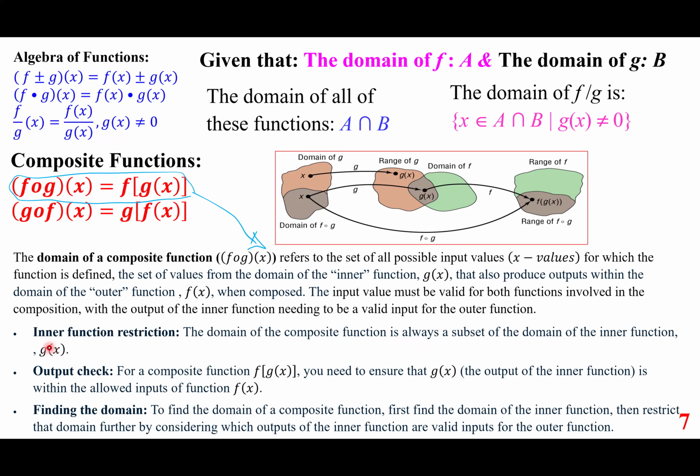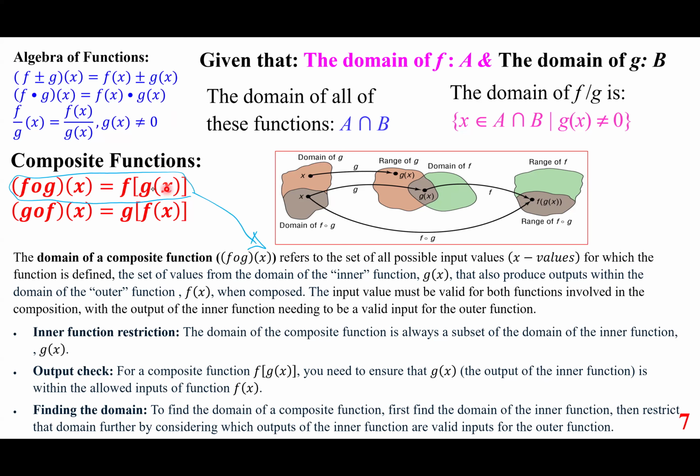So what that means is that you find the domain of the inner function, in this case g of x, and then see if there are any more restrictions. Then output check. For a composite function f of g of x, you need to ensure that g of x, the output of the inner function, is within the allowed input of function f of x, because f of x itself may have a restriction.